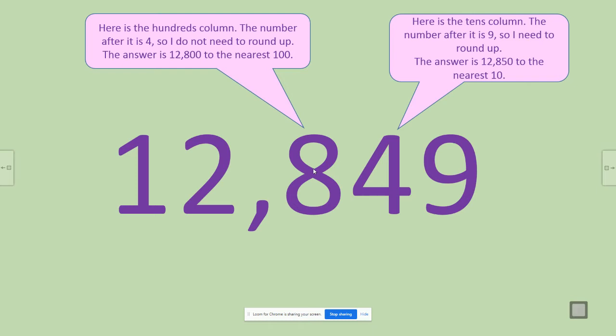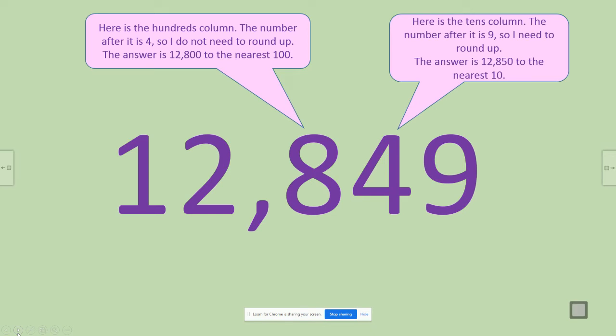If we're counting in hundreds, 849 is between 800 and 900, but it's slightly closer to 800. Once we get to 850, we can round up. Okay, and of course our answer should have 5 digits, 12,800 with 2 zeros at the end.